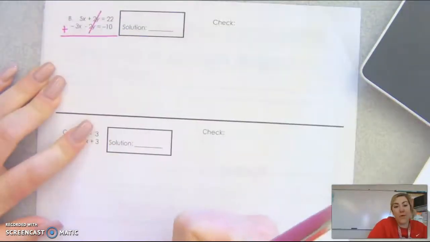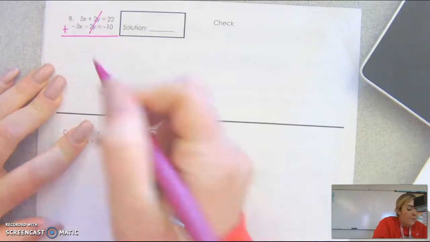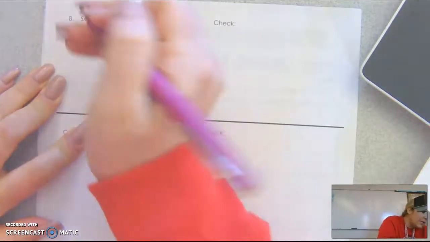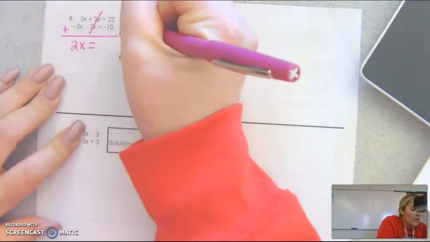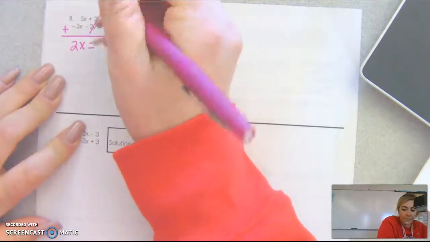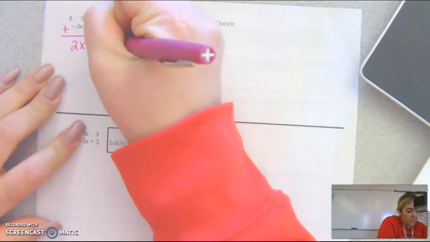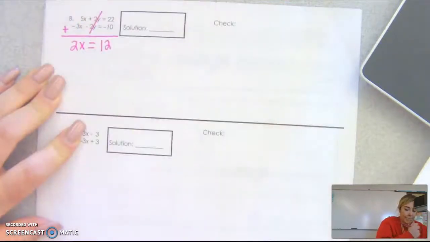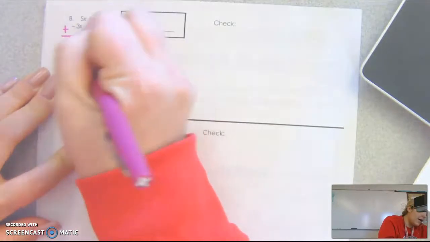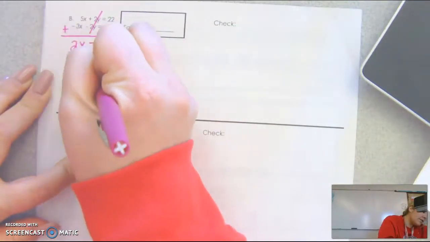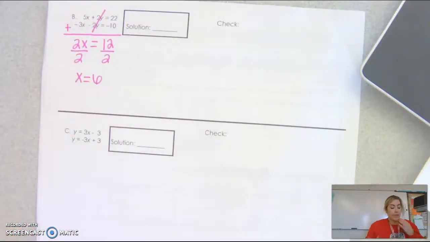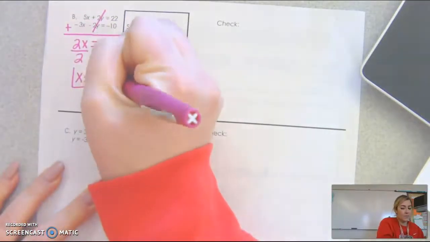I can cross out my y's because they're gone. 5 plus negative 3 is 2x. 22 plus negative 10 is 12. Now I divide both sides, and I get x equals 6. So I have my x value.